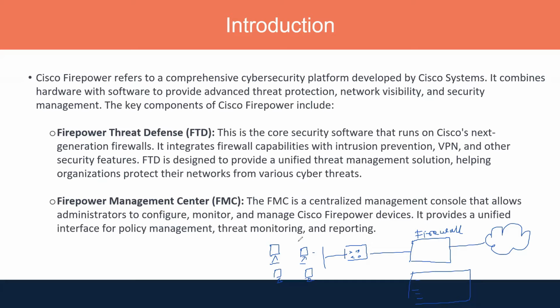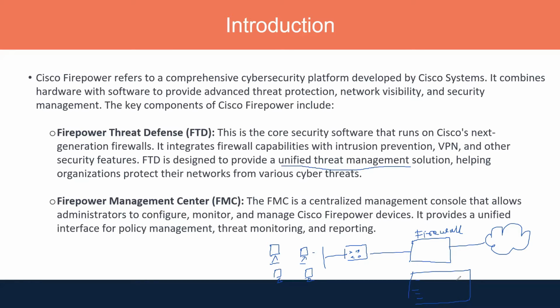But what else can a firewall do? Not only can it filter the traffic, it can also check whether the traffic is malicious or not. Using a firewall you can also create a VPN connection. If your firewall provides all these capabilities, that is known as a unified threat management solution.